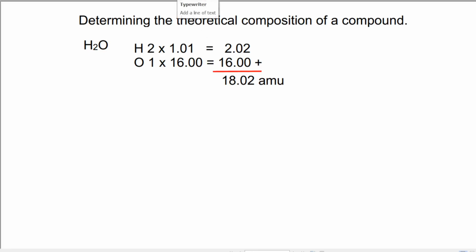And so for the hydrogen, if I take 2.02 and divide it by 18.02, that will give me the percent composition for hydrogen. And then if I take the 16.00 and divide it by the total 18.02, that will give me the percent composition for the oxygen.